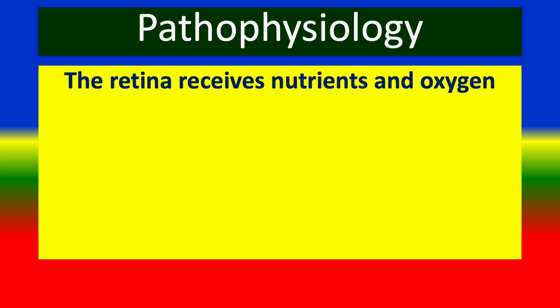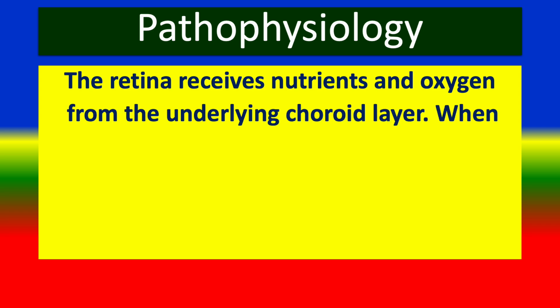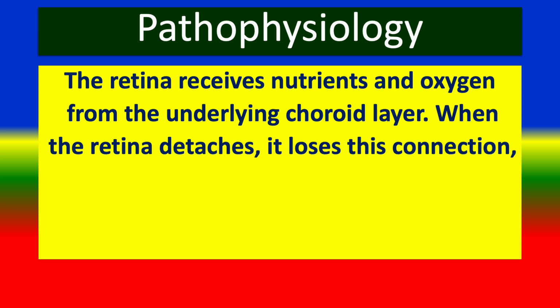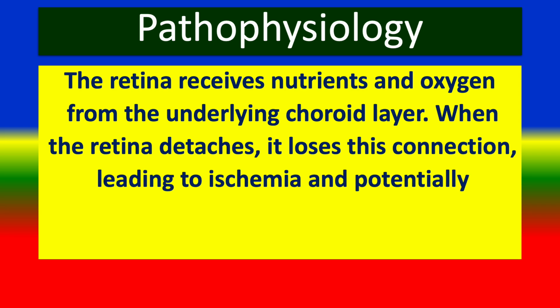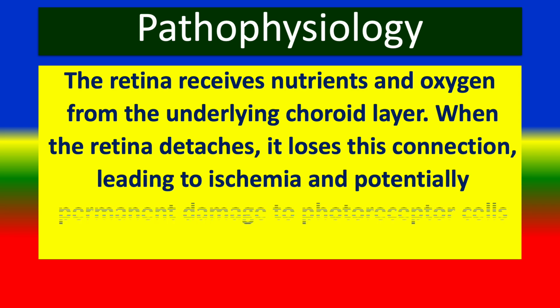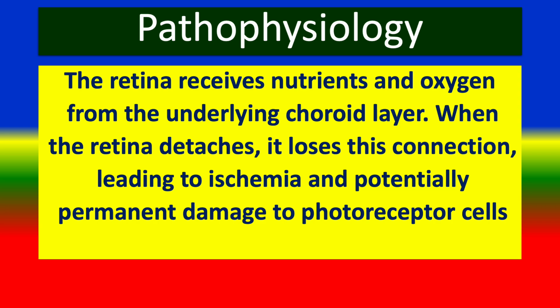Pathophysiology. The retina receives nutrients and oxygen from the underlying choroid layer. When the retina detaches, it loses this connection, leading to ischemia and potentially permanent damage to photoreceptor cells.